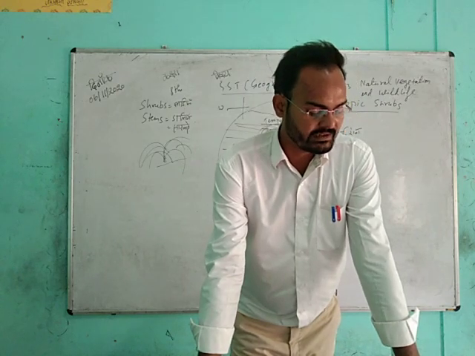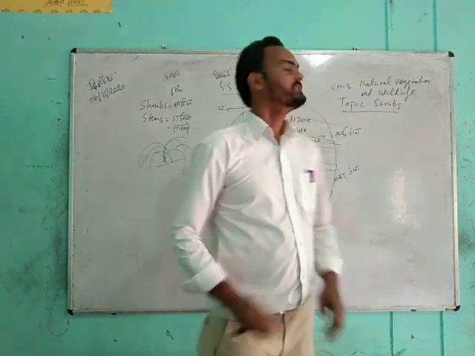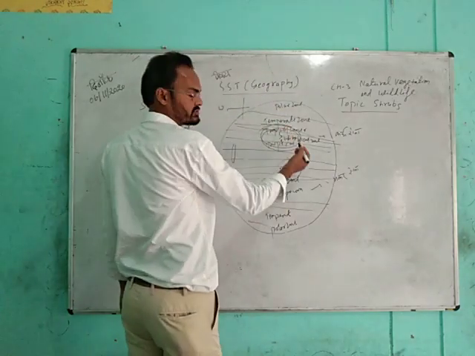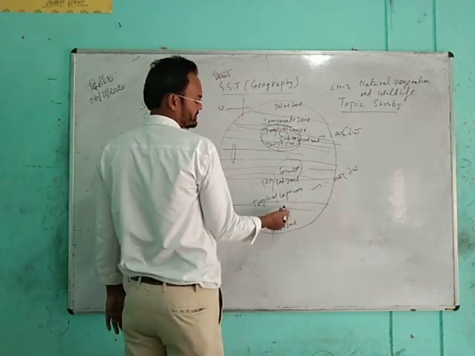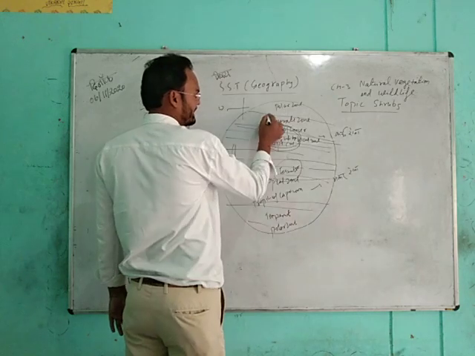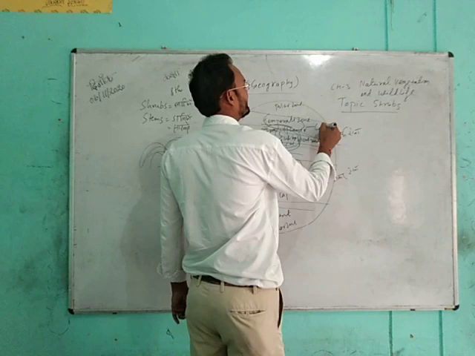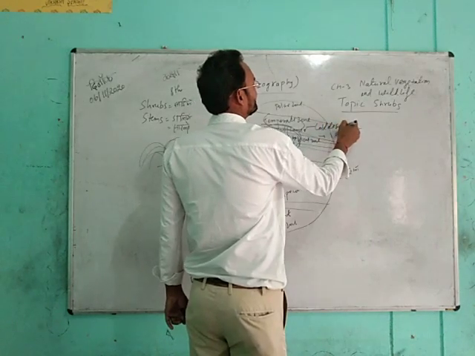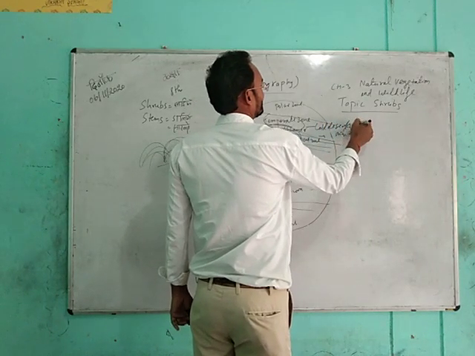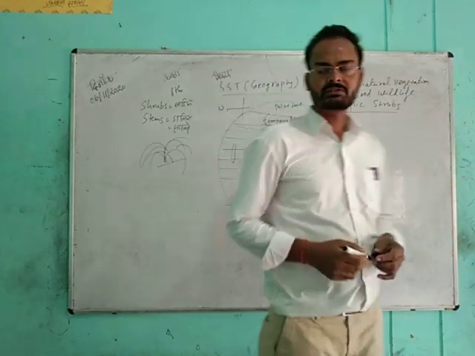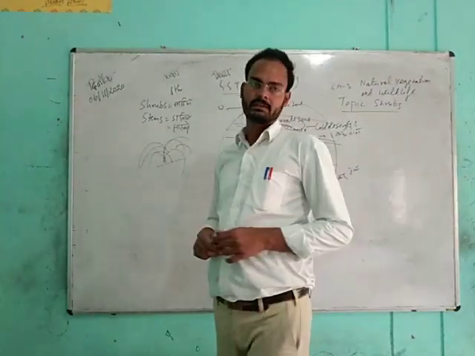While cold deserts are found in the temperate regions, above the tropical and subtropical region or below it, in the temperate zone, cold deserts are there. You have to understand what is cold desert and hot desert.